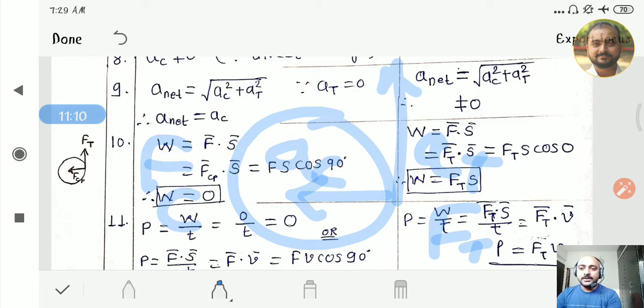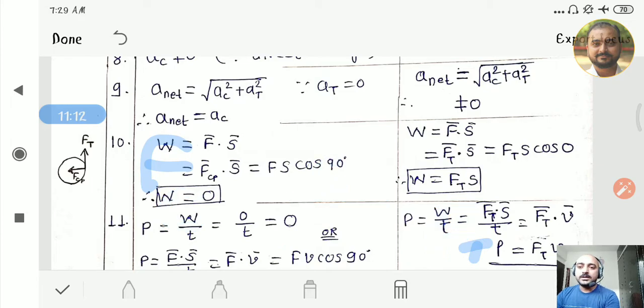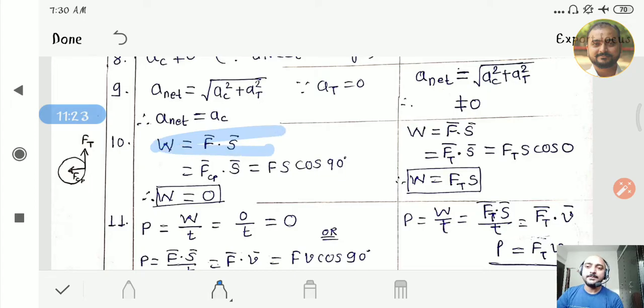While calculating the work done by the force, according to the formula, W is equal to F into S, that is F dot S. Here we consider the centripetal force multiplied by displacement.